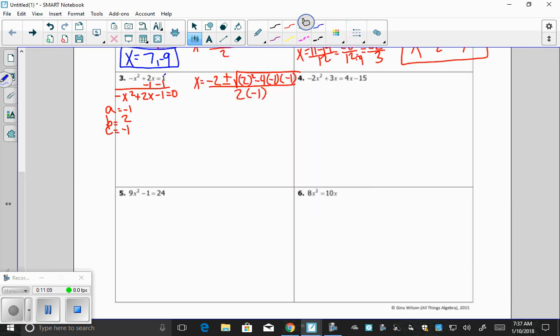Simplify. X equals negative 2 plus or minus the square root. 2 squared is 4, and negative 4 times negative 1 times negative 1 is going to give me negative 4, all over 2 times negative 1 is negative 2.